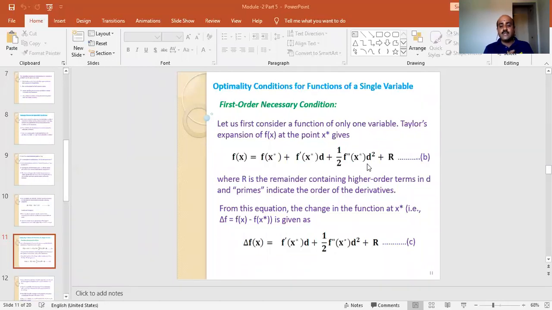From this equation, the change in the function at x star, that is delta f, is equal to f of x minus f of x star.